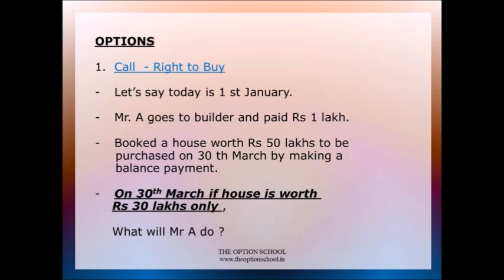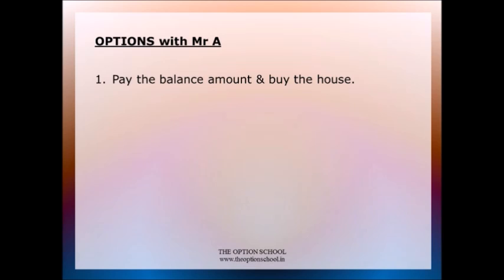Mr. A will have two options now. The first option with Mr. A is that okay, he can make the balance payment and buy the house. In this option, if he makes the balance payment of 50 lakh rupees and buys the house, that means he is going to lose 20 lakh rupees because the worth of the house today is only 30 lakhs.